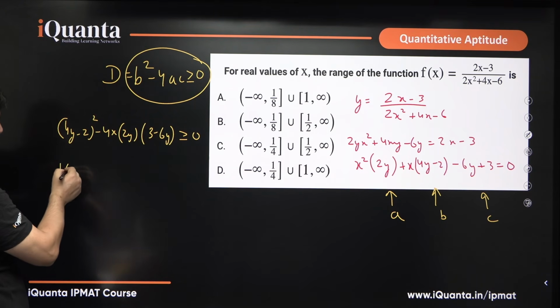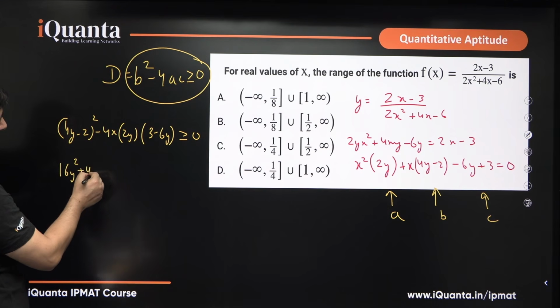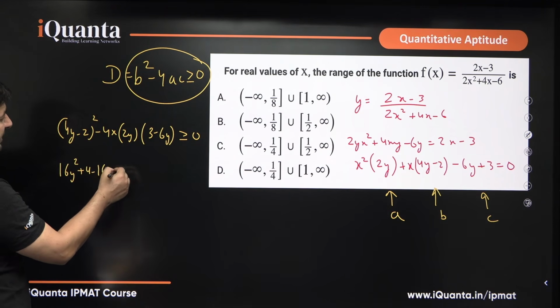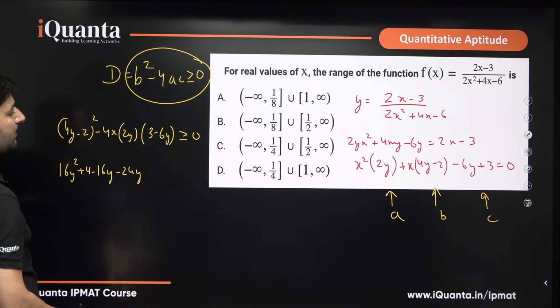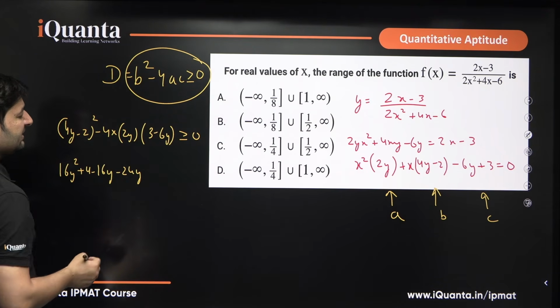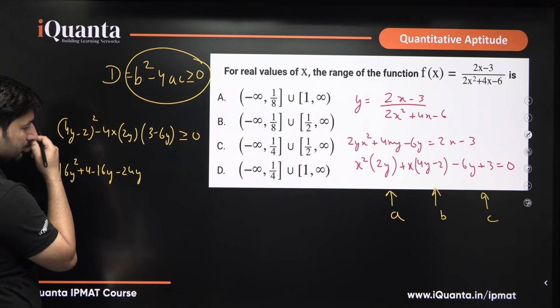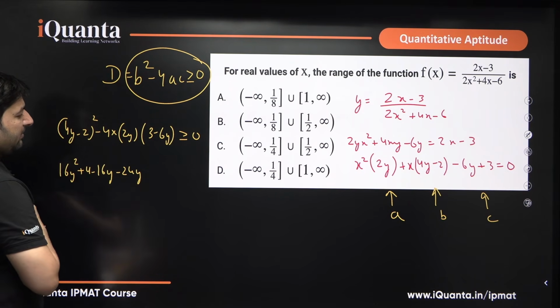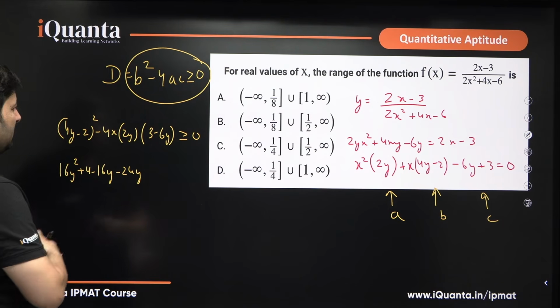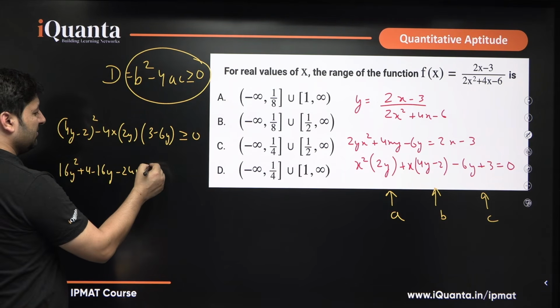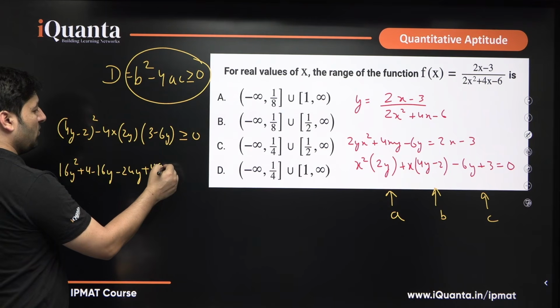So, this will be 16y square plus 4 minus 16y, and this is minus 8y into 3 is minus 24y, and then minus 8y and minus 6y. That becomes how much? Minus 8 into minus 6 is plus 48y square, right.